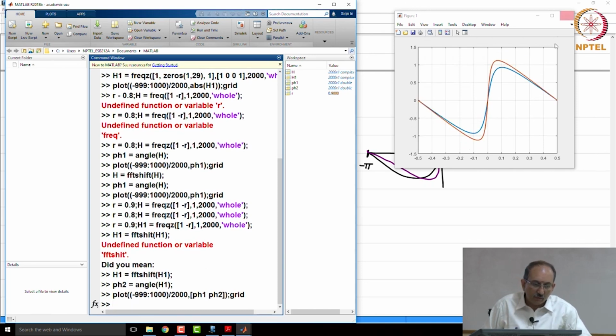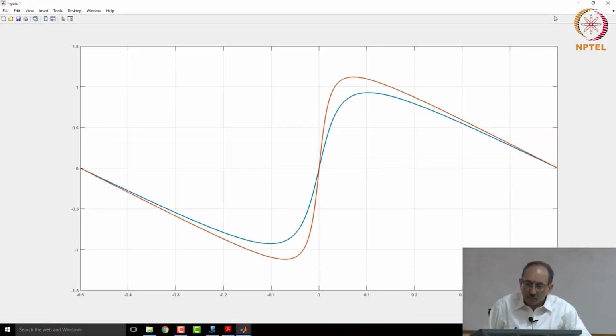So, now you see between 0.8 and 0.9, the rapidity of the increase in the phase near the origin has increased, all right. So, this is what we were expecting based on our intuitive explanation, and MATLAB indeed confirms that this is true.